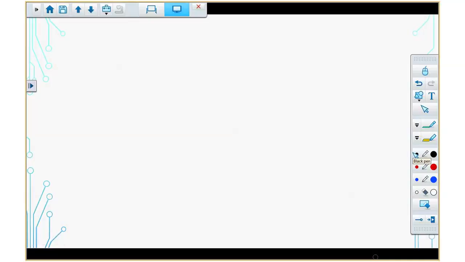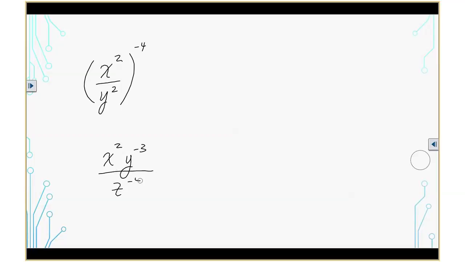And these are just examples. Like I said, if you get the final answer, x squared over y squared raised to the negative 4th power, and x to the 2nd times y to the negative 3 over z to the negative 4th, and that's to the negative fourth power.